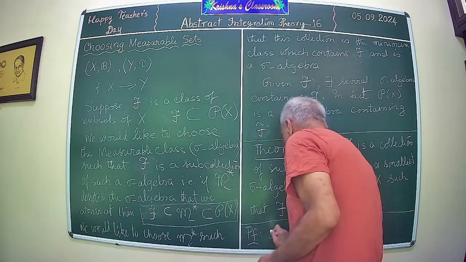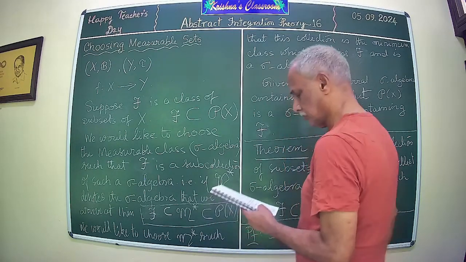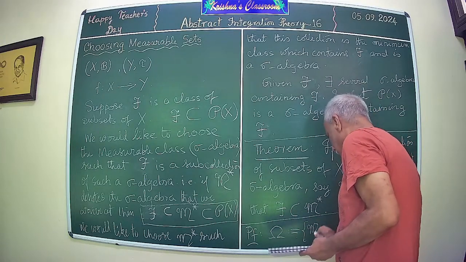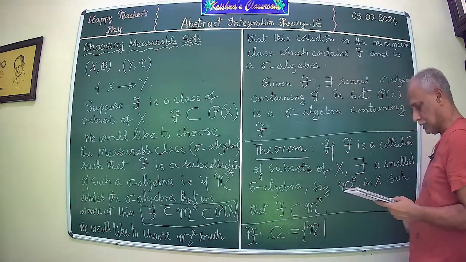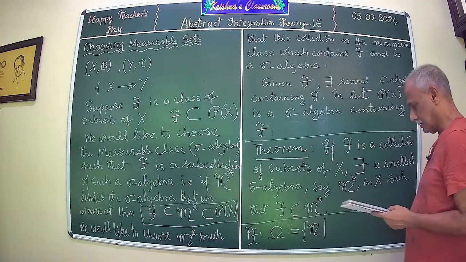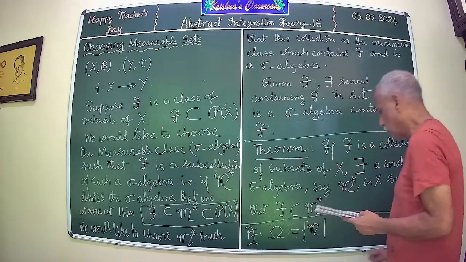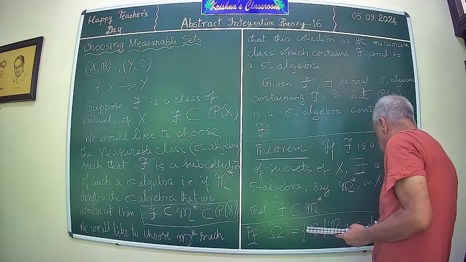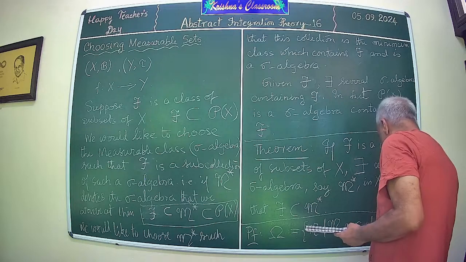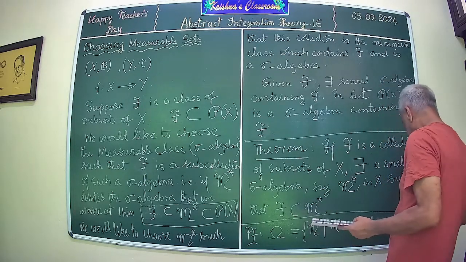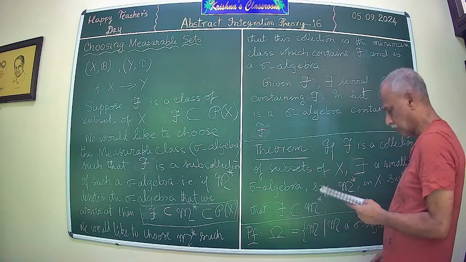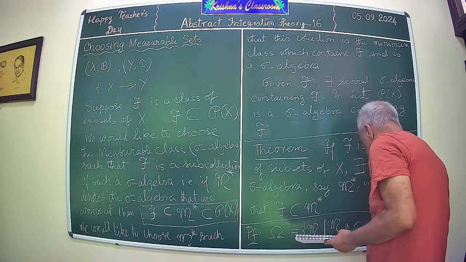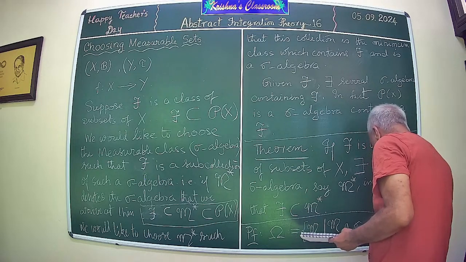So let omega designate the set of all M, where M is a sigma algebra in X containing the given collection.